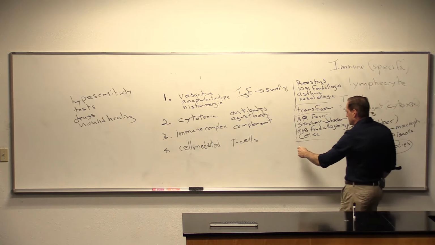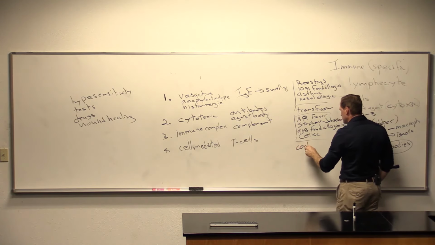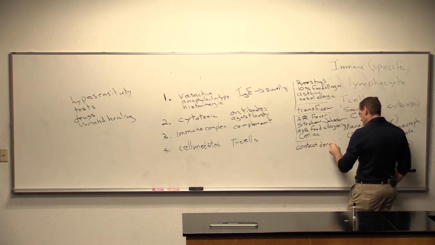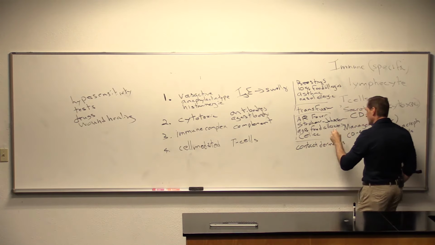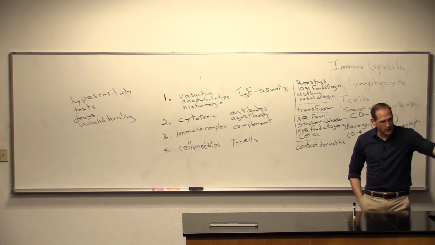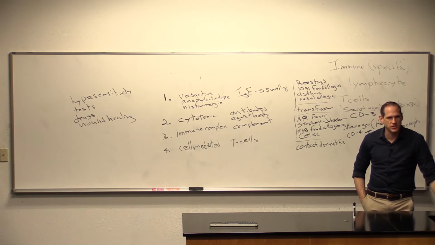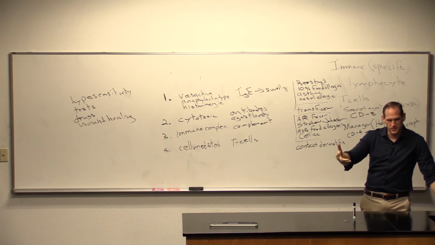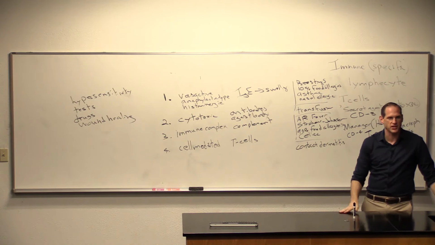An example of this would be contact dermatitis. Is anyone here allergic to latex? Well, if you were, that would be contact dermatitis. The latex causes T cells to attack it in your skin, and that causes an inflammatory reaction on your skin.